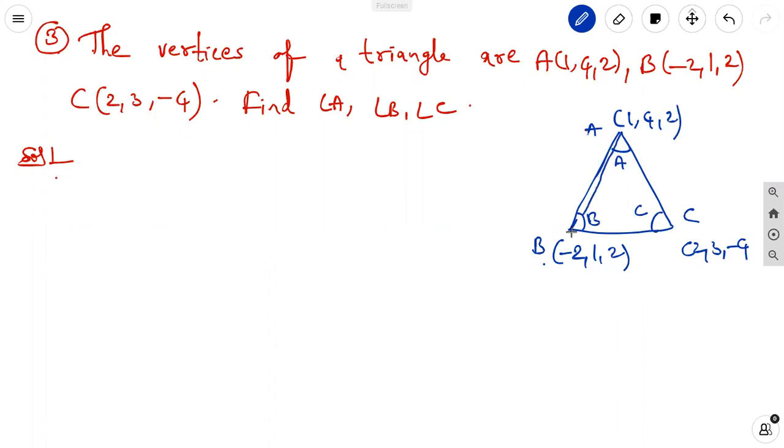For that, we can take the direction ratios of two lines. Then we can apply the angle in between of the two lines with the direction ratios.